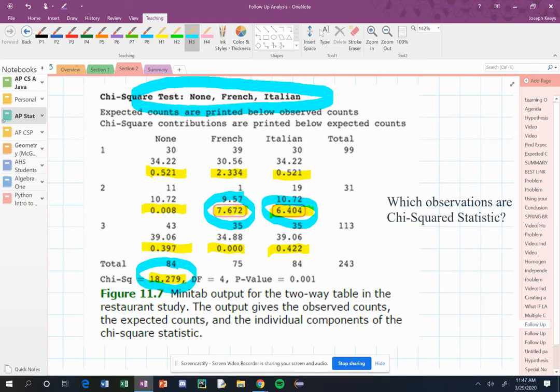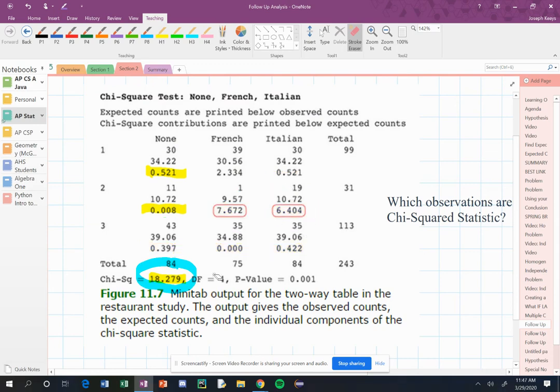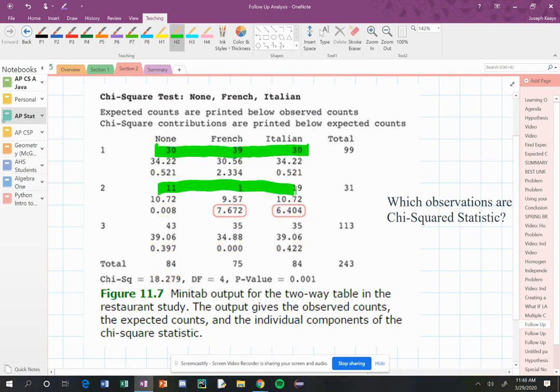So let's see. In green, here's all the observed amounts. In blue, here's all the expected amounts.